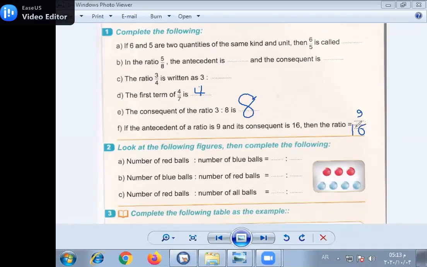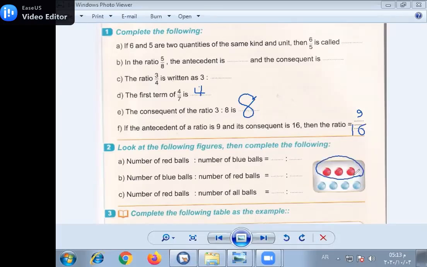Look at the following figures, then complete the following. How many red circles in this figure? How many red shapes, red circles? 3.